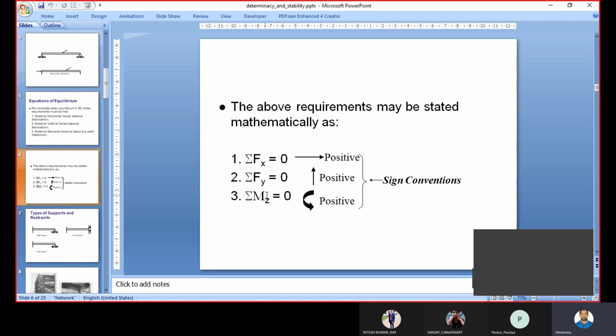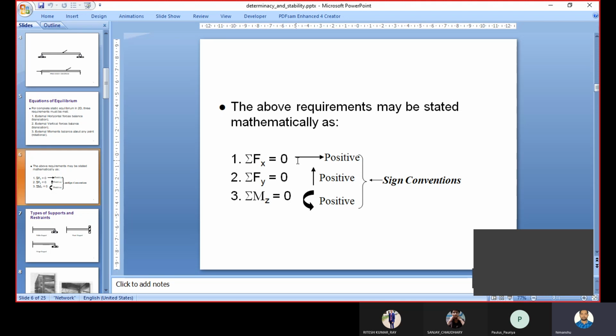Just be clear in your mind. When we are talking about Fx and Fy, these are the forces in respective directions, but when we talk about Mz, that is not a force in the respective direction, this is about that direction.